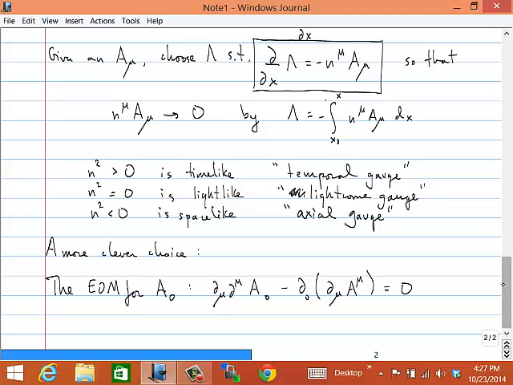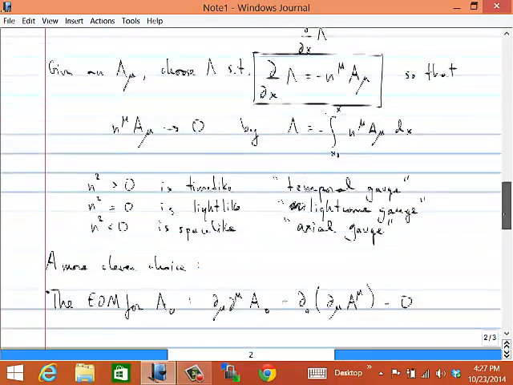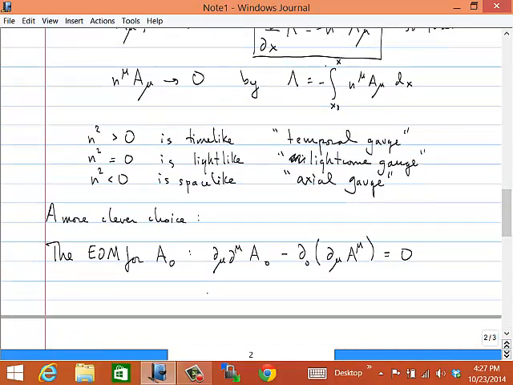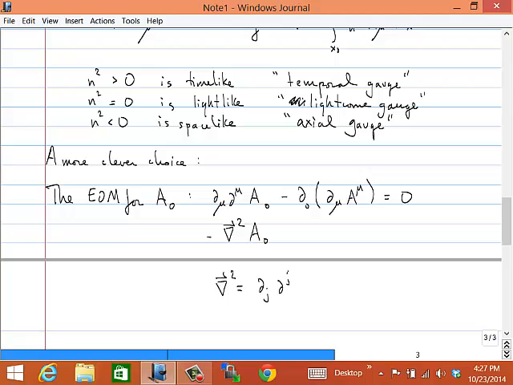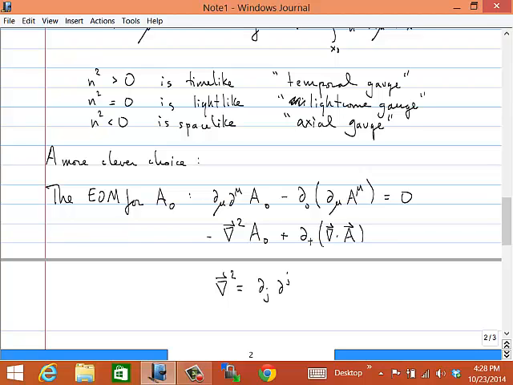Or if you expand that out, that's the statement that minus the Laplacian of a0, so this here is the spatial Laplacian, dj dj, where j runs from 1 up to 3, plus d by dt of del dot a, where a is the usual vector potential, a1, a2, a3, is equal to 0.